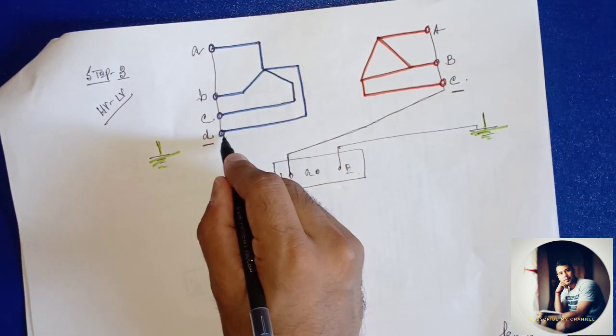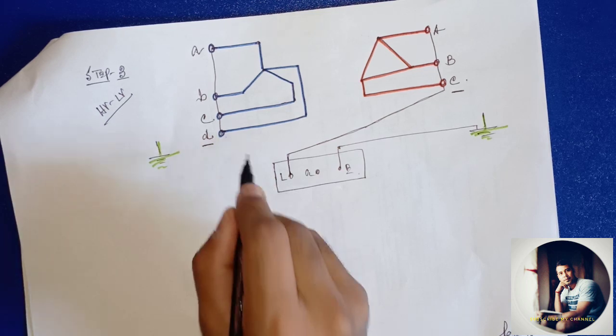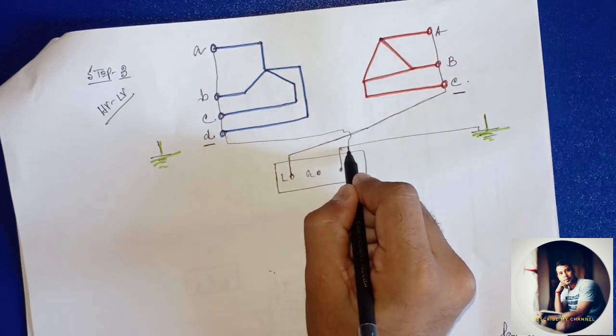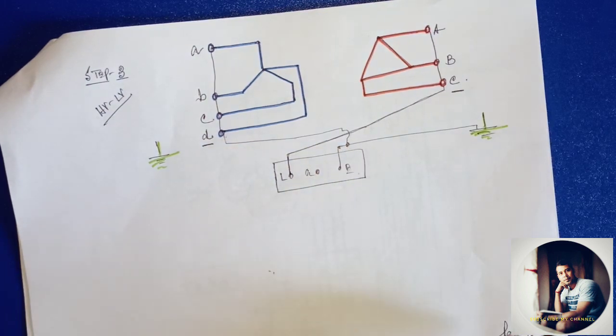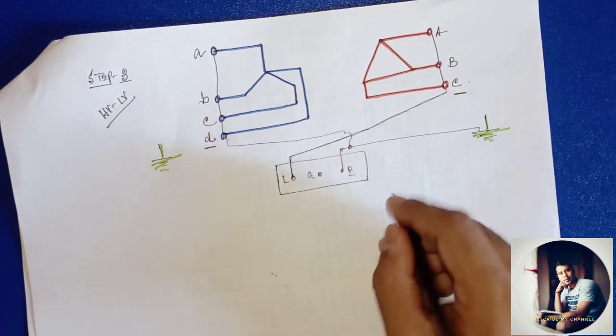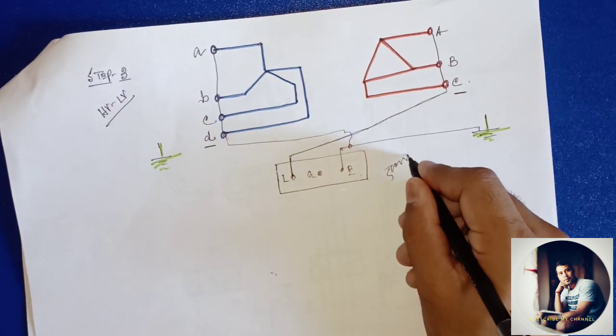and the star side, and apply 5000 volt DC.